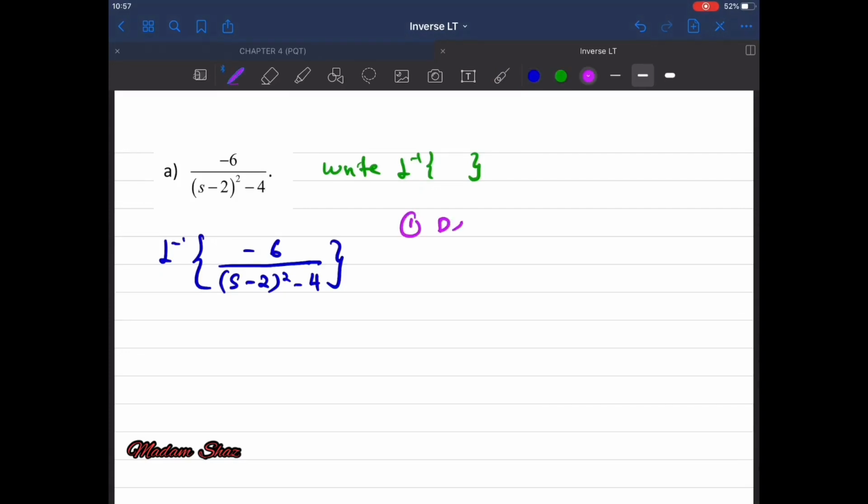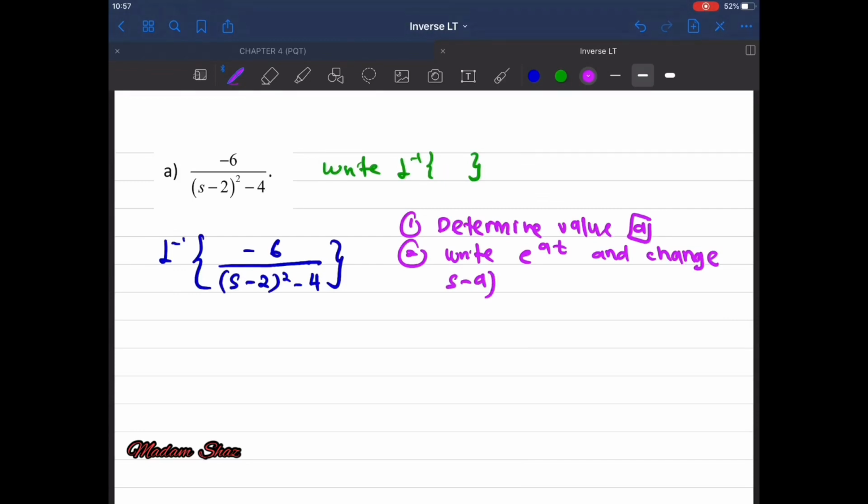The first step, determine value A. The second step, write exponent AT and change s minus A or s plus A to become s.